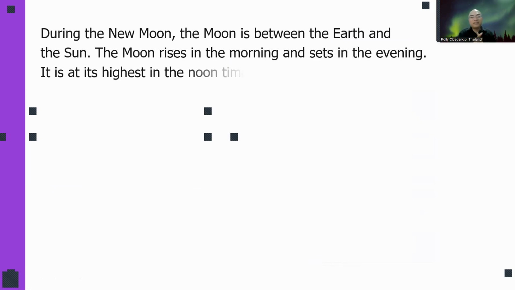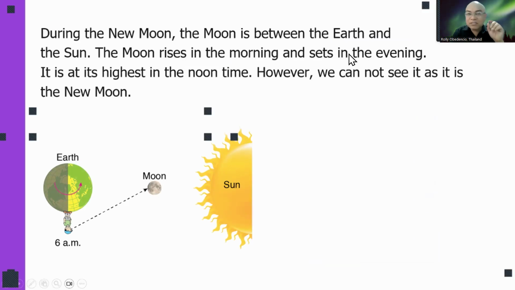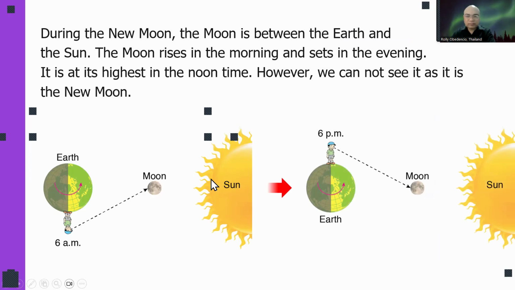During the new moon, the moon is between the earth and the sun. The moon rises in the morning and sets in the evening as it is at its highest at noon time. However, we cannot see it as it is the new moon.